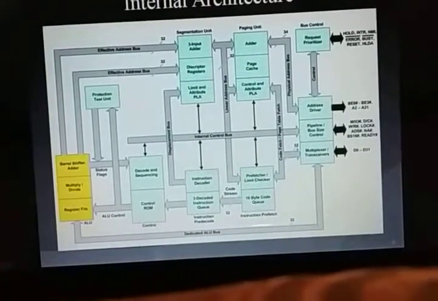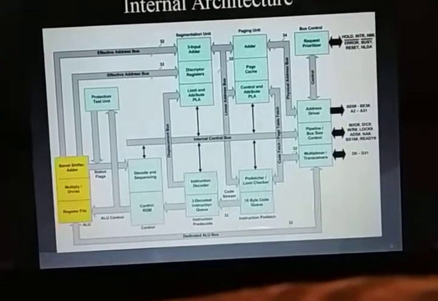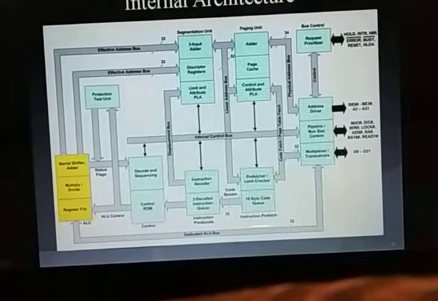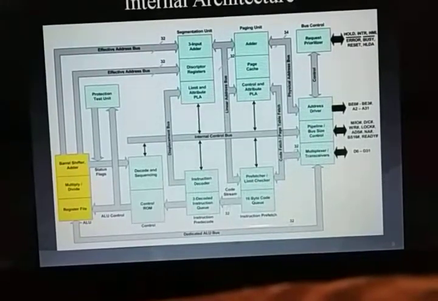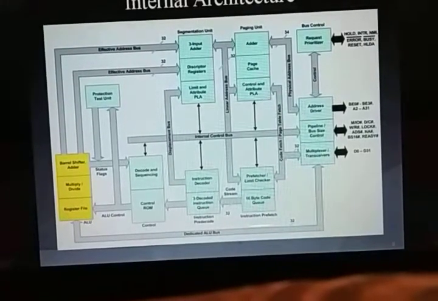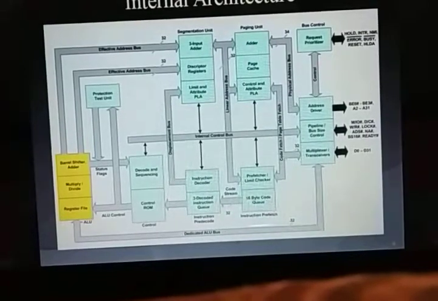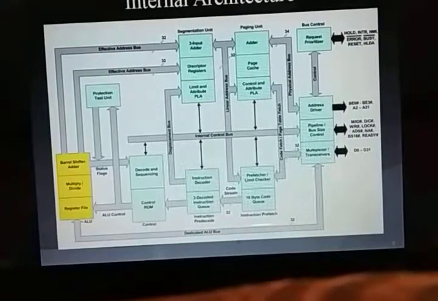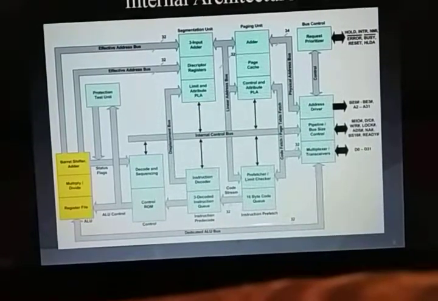Then the paging unit. The paging unit is basically an optional part, because it depends on the PG bit that resides in control register 0. If your PG bit is set to 1, you can perform the page translation mechanism for converting a linear address into a physical address.